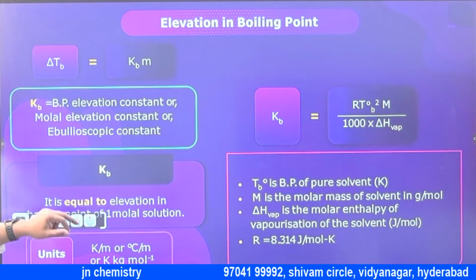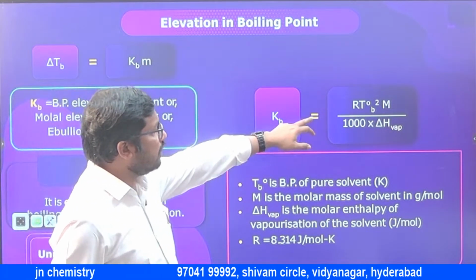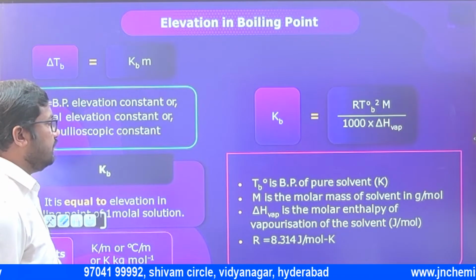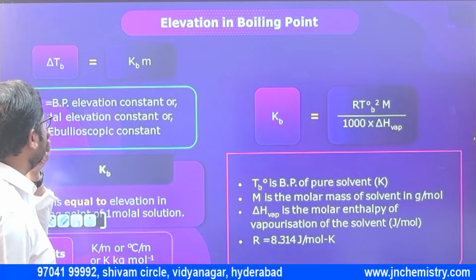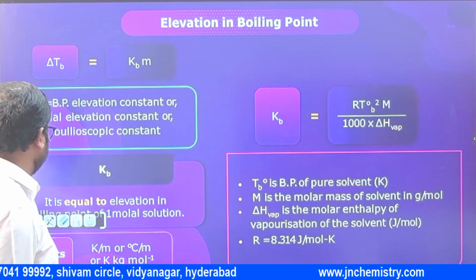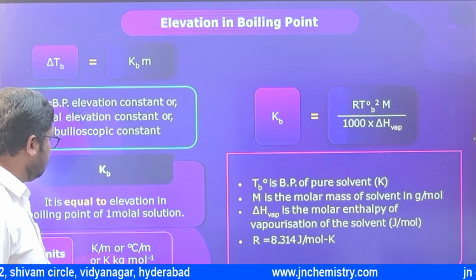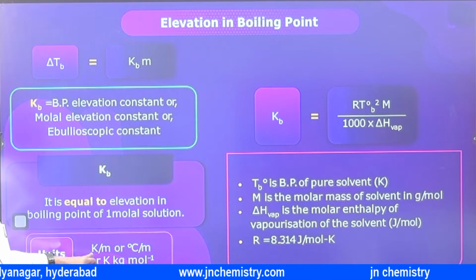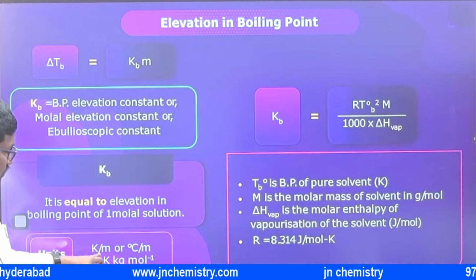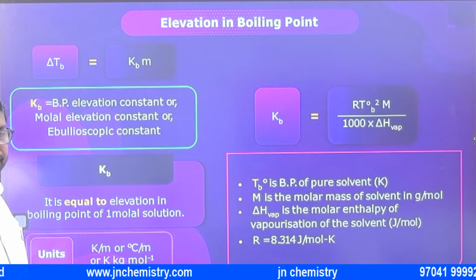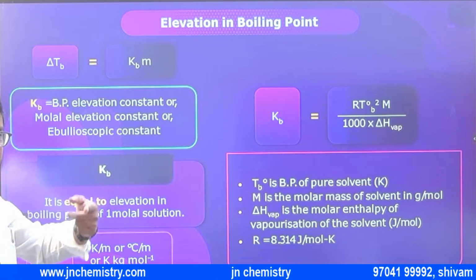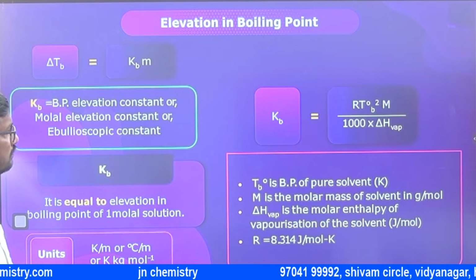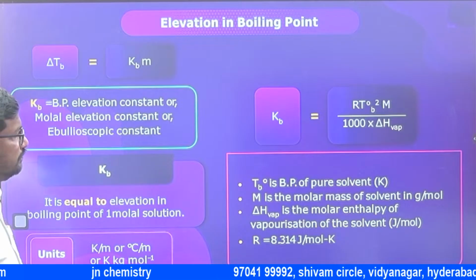So the Kb value, write it down: Kb equals R T0B squared M by 1000 delta H vaporization. Units: Kelvin kg per mole. You don't learn it by heart, it should come directly from there.